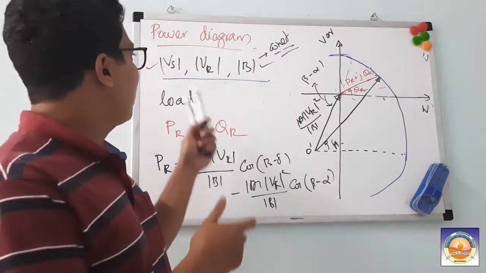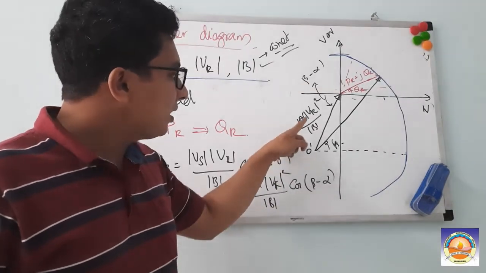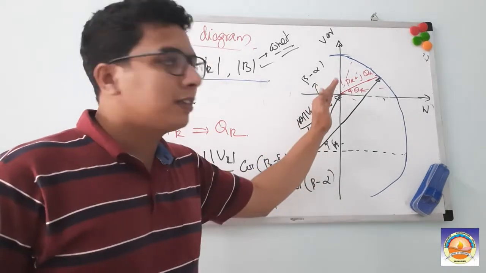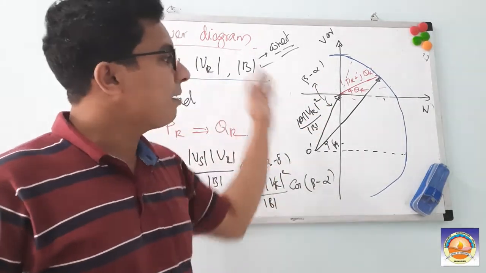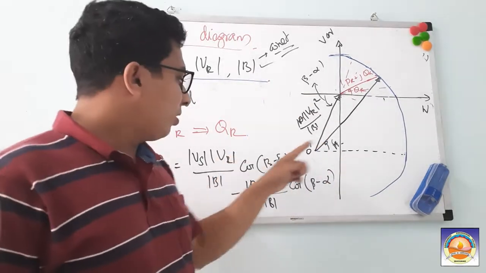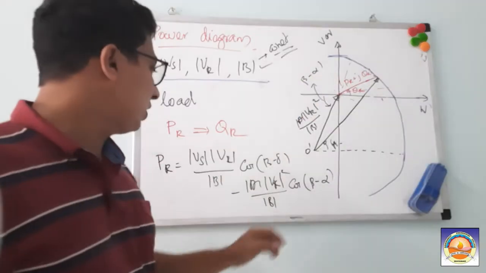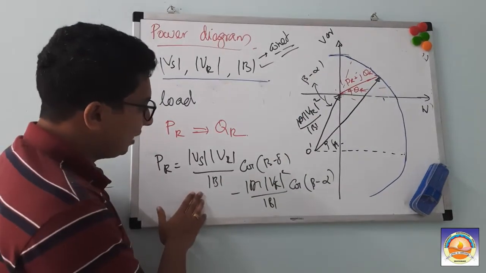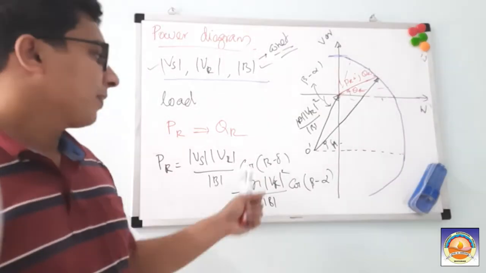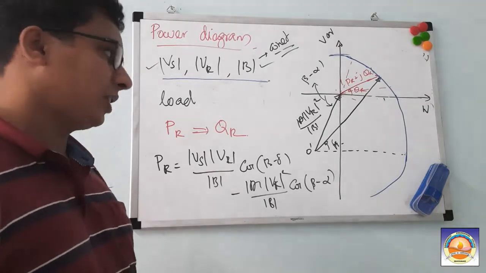If our sending and receiving end voltages are kept constant, then this A Vr square by B and even its angle, this part of the phasor, is going to remain the same all throughout this operation. Whenever your load is changing, what is going to change is the first part, which is Vs Vr by B cos of beta minus delta.